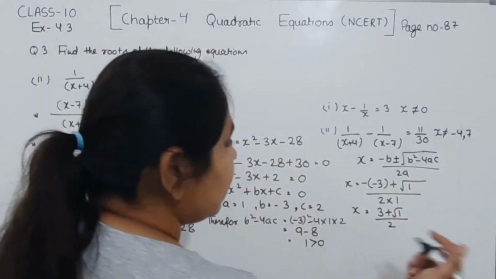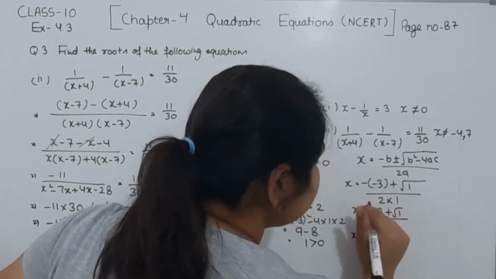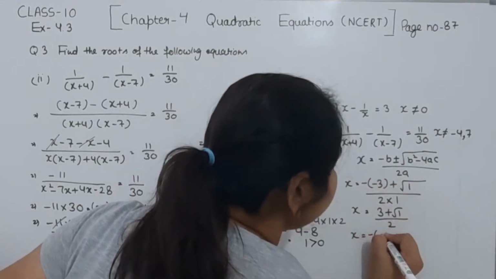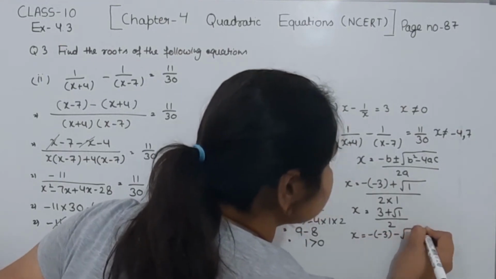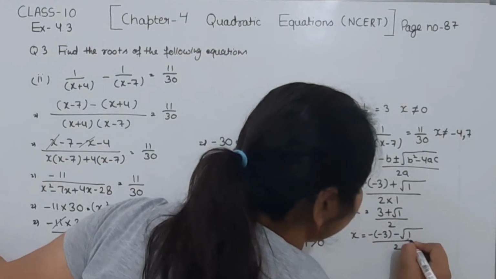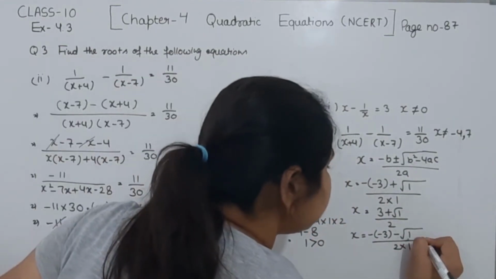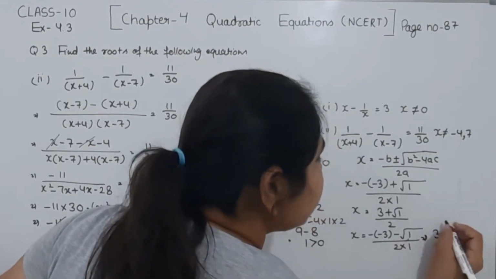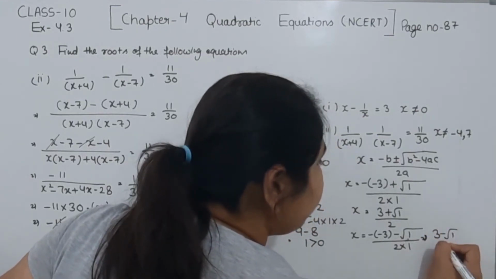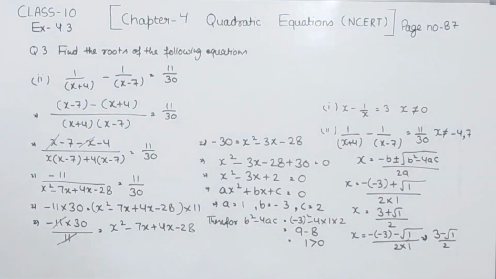Now comes the next one: x is equal to minus b minus root of b square minus 4ac, which is 1, divided by 2 multiplied by a, which is 1. So this is 3 minus root 1 by 2. Now these are the two roots we have.